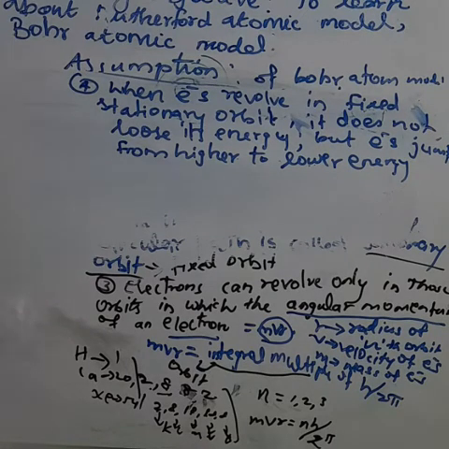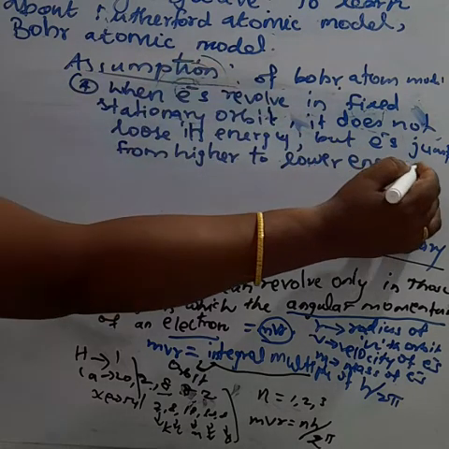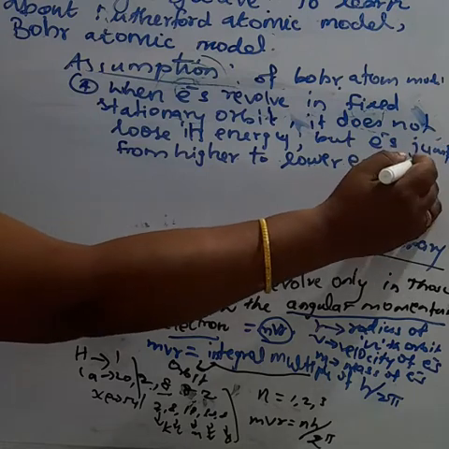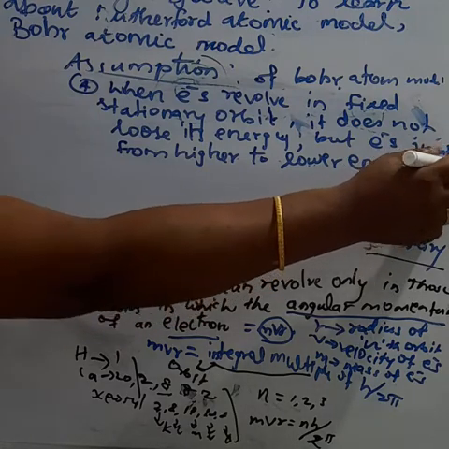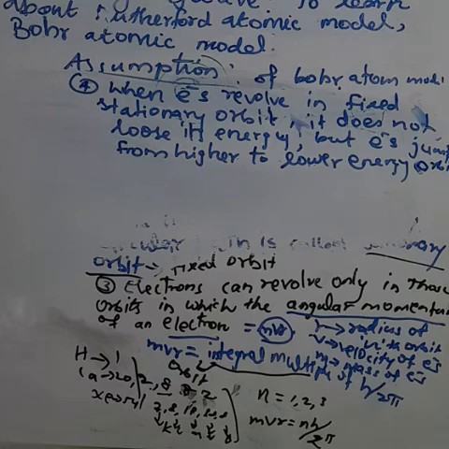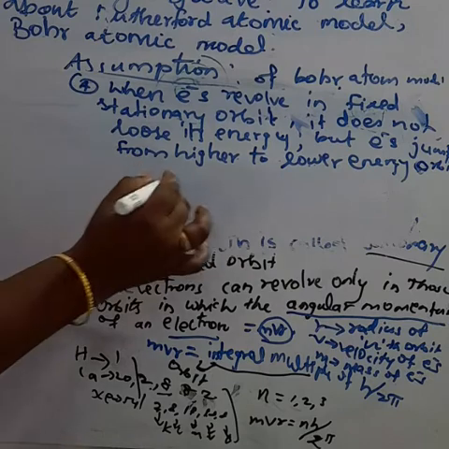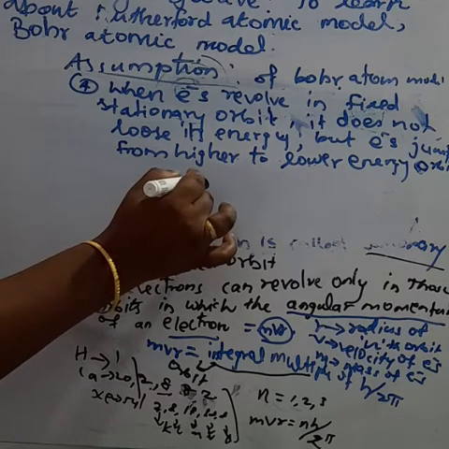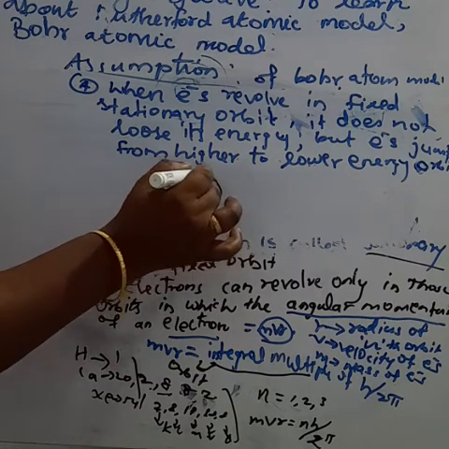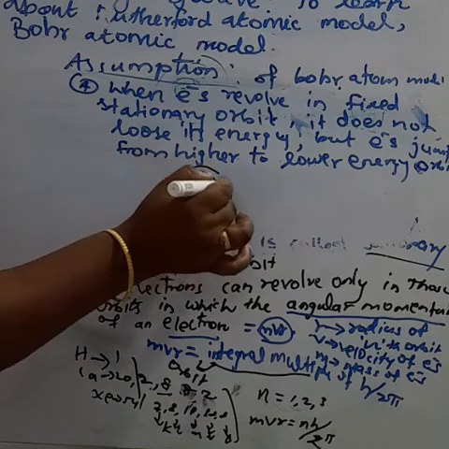But when electrons jump from higher energy state to lower energy state, it can jump from higher energy to lower energy. What do you mean by higher energy, lower energy? Listen here. This is the positive charge nucleus and these are the orbits: first, second, third, fourth.